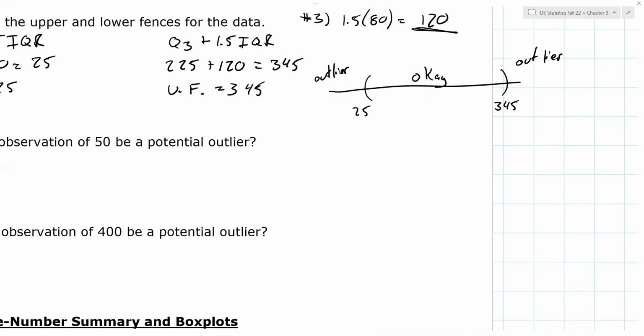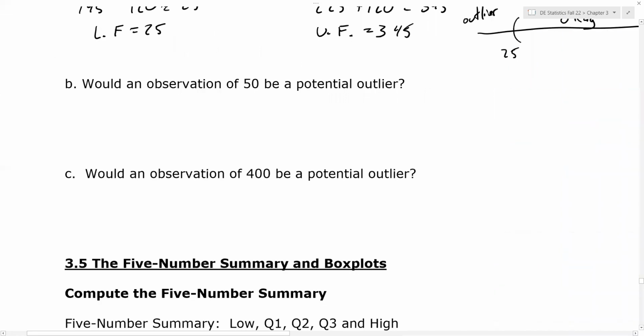And then it gives us a couple data points to check. So would an observation of 50 be a potential outlier? No. And why? Because 50 is greater than 25 and less than 345. So it is in our interval.